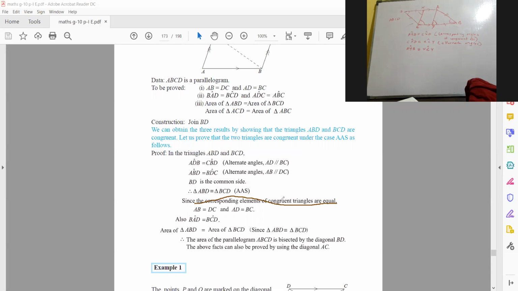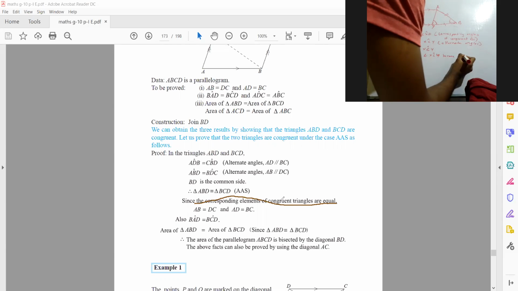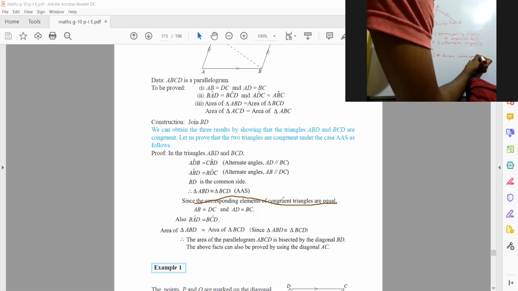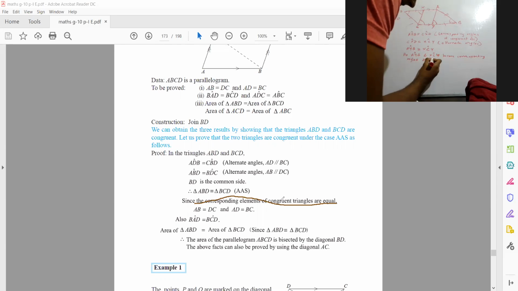Now, as angle AYB and angle XCY become corresponding angles, the line XC becomes parallel to AY, right?